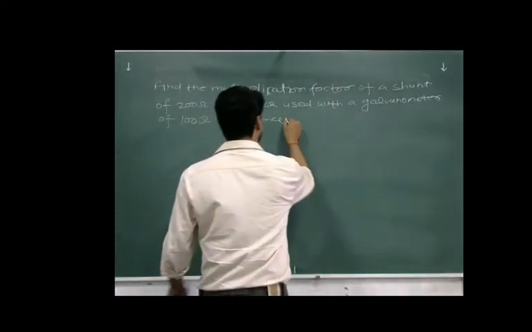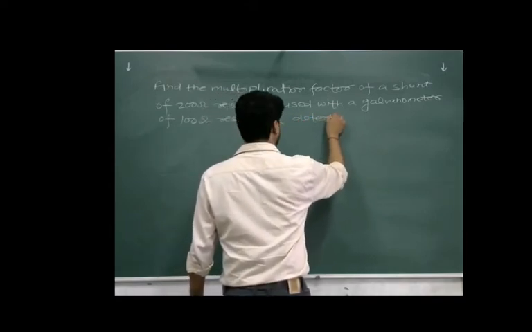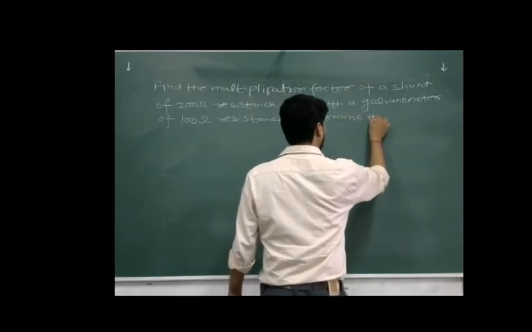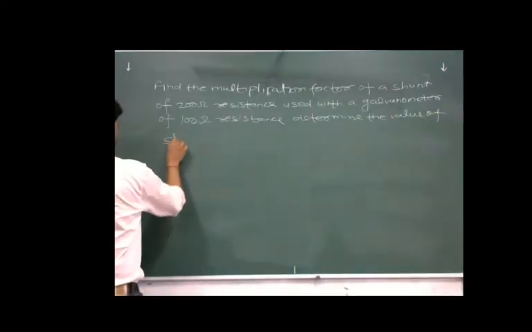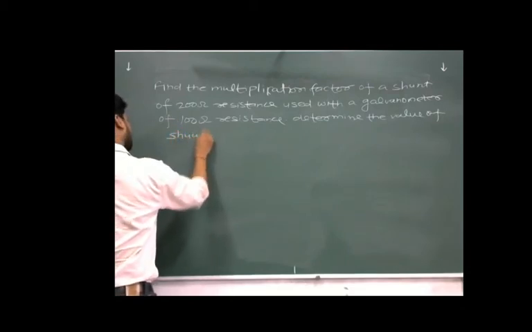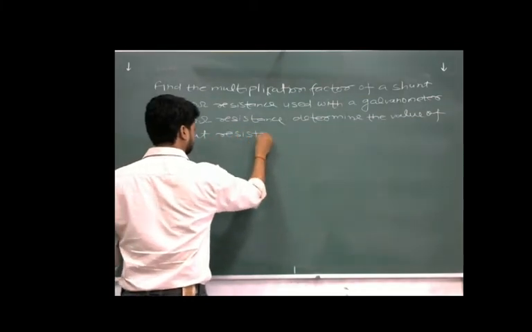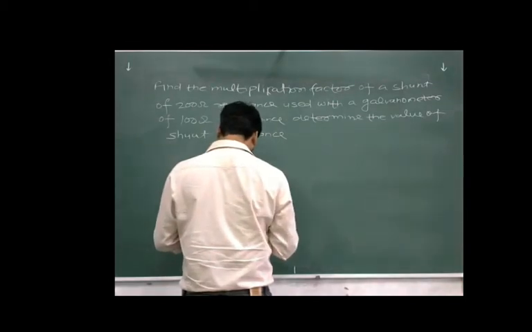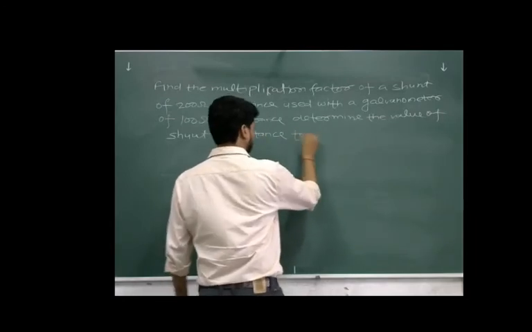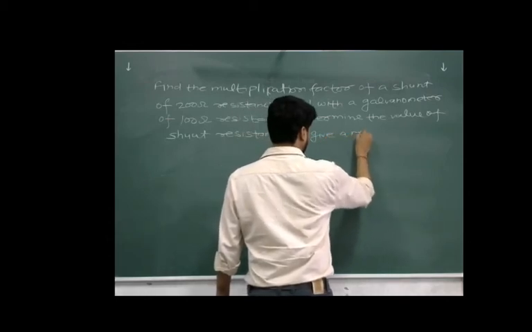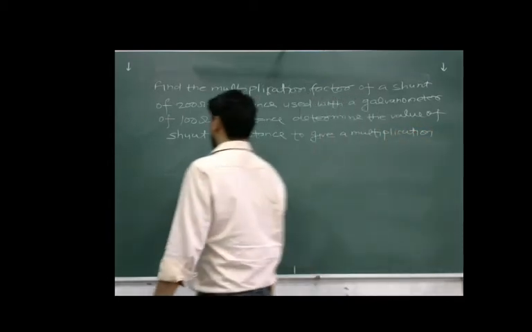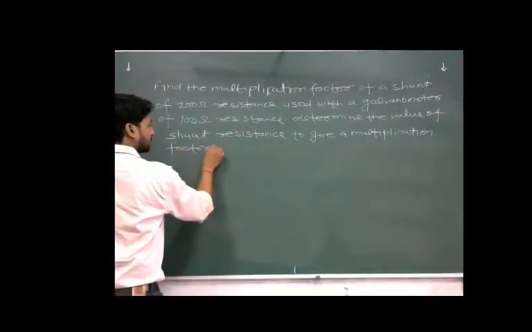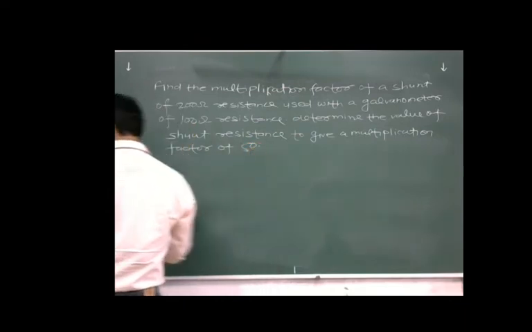Determine the value of shunt resistance to give a multiplication factor of 50.